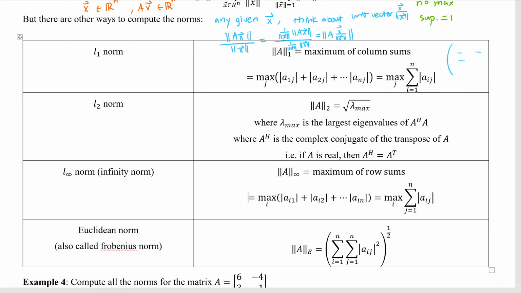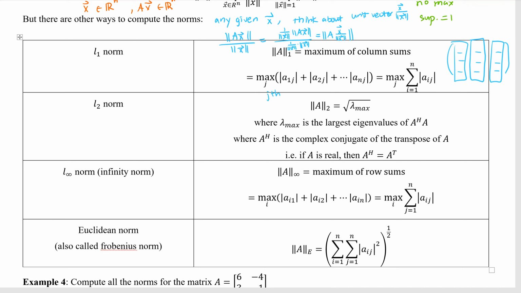So we have a matrix, right? A column sum is the sum of the absolute values of the entries in a column. That is one number, and we want to find the maximum of those numbers. So far, so good, everybody? So we have the jth column.